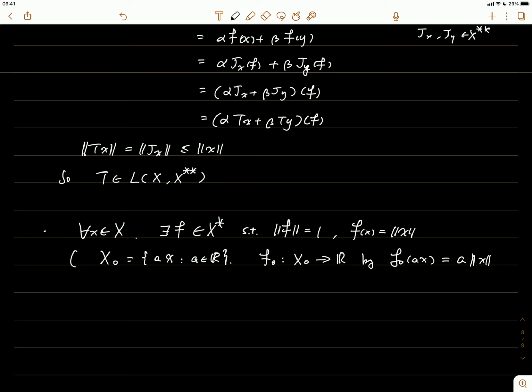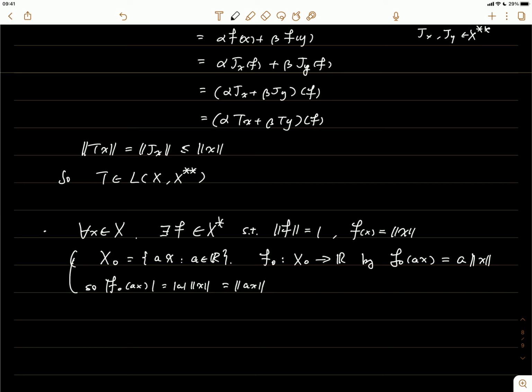And then by doing this, you can see that f naught has norm equal to 1, because f naught of a x, as we showed, is equal to a times the norm of x, and this is equal to the norm of a x. So the norm of f naught is equal to 1.